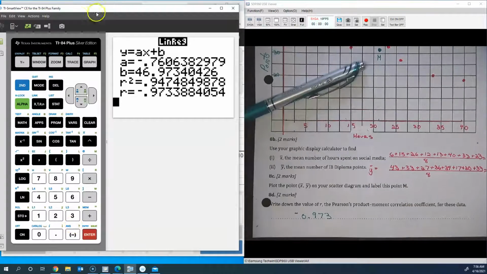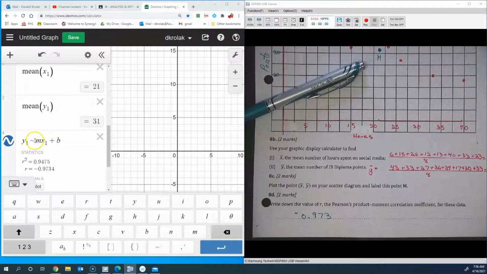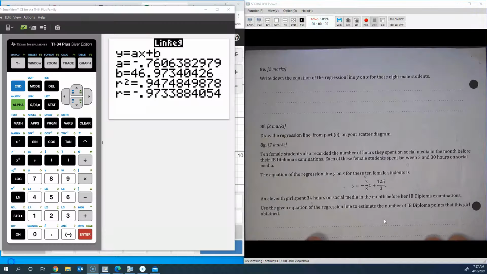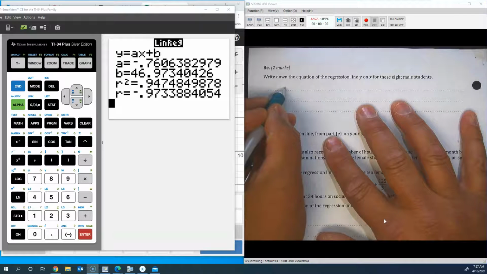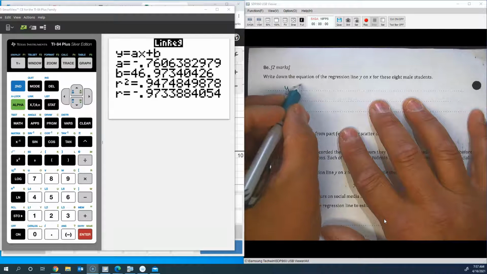If you were doing it on Desmos, you would type in this equation, y1 tilde m x1 plus b, and there is your correlation coefficient, the R value, not R squared. Part E says write down the equation, and it's y on x, which is what we've got put in.